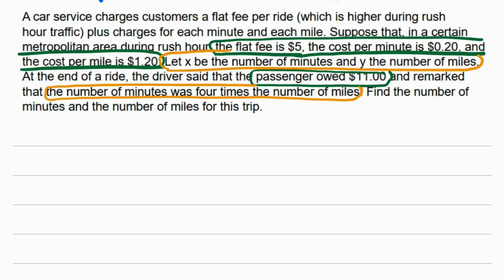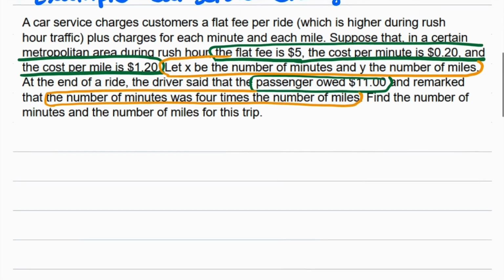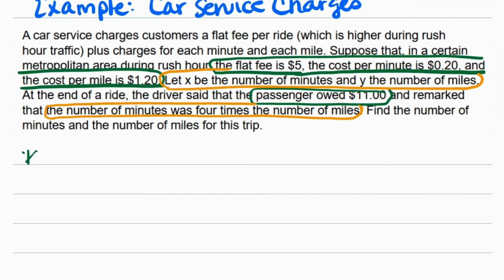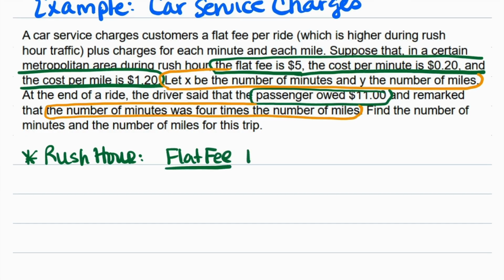As far as the money is concerned during rush hour, we had the flat fee plus the cost per minute, and then plus the cost per mile. That's going to be the entire trip.